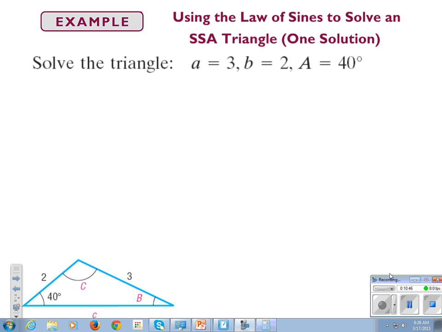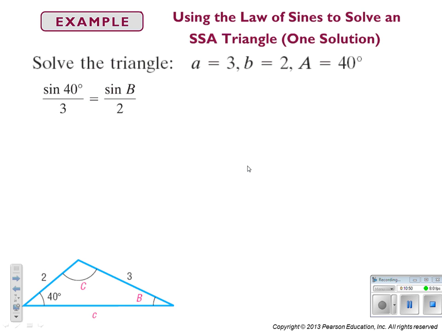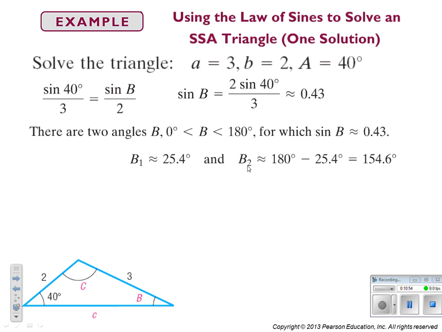So we use law of sines to find that we can either have angle B is 21.5, or the second possibility, angle B is 154.6.